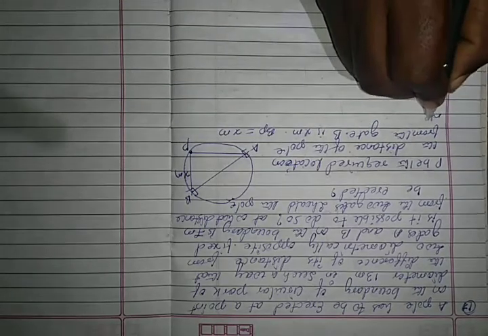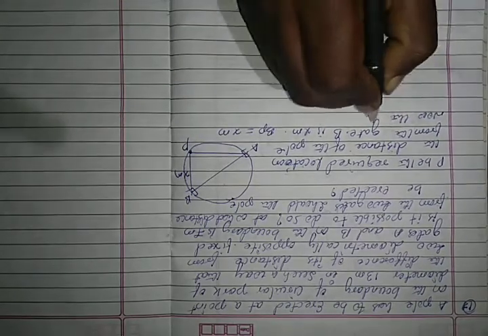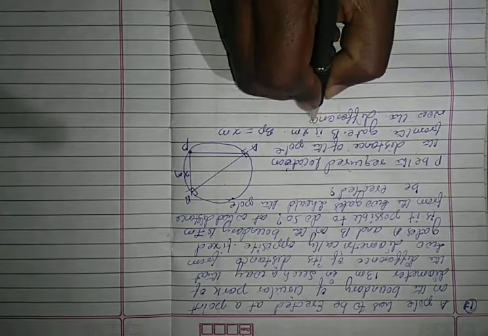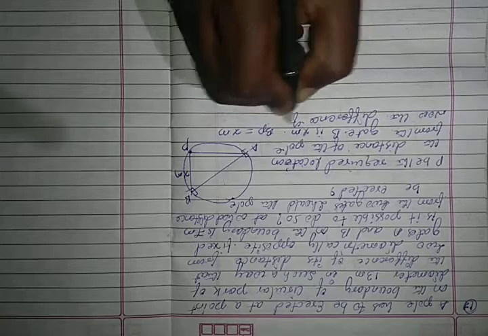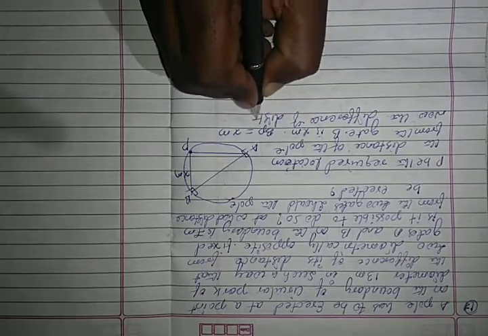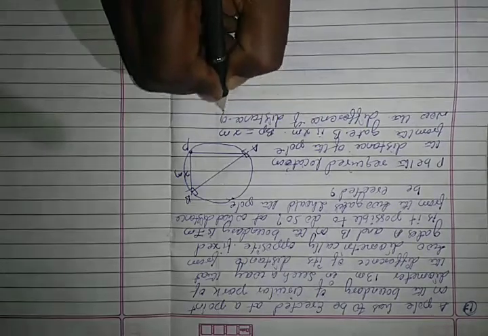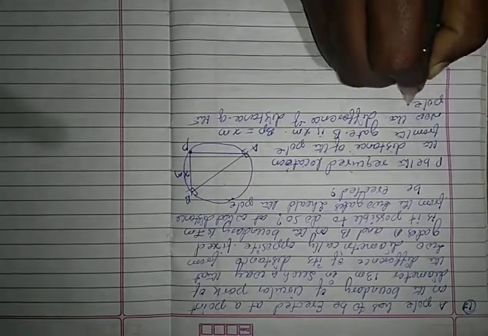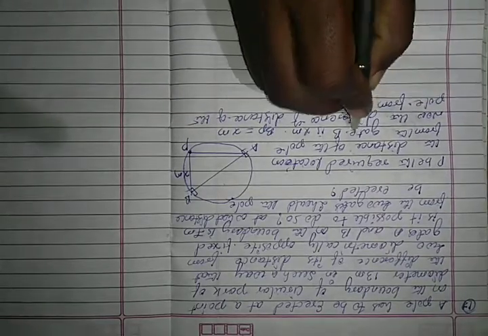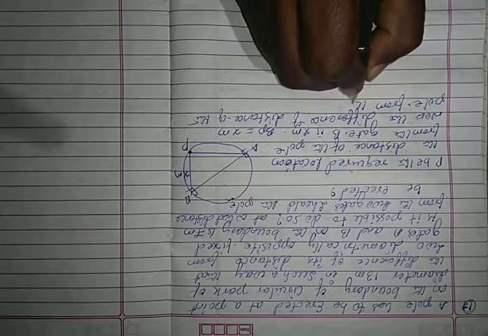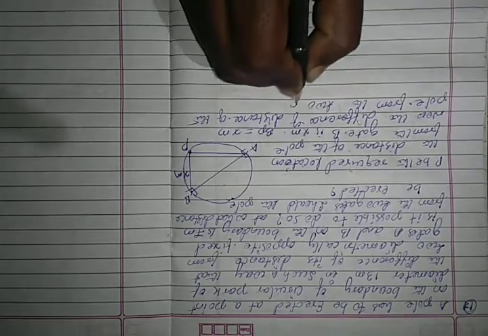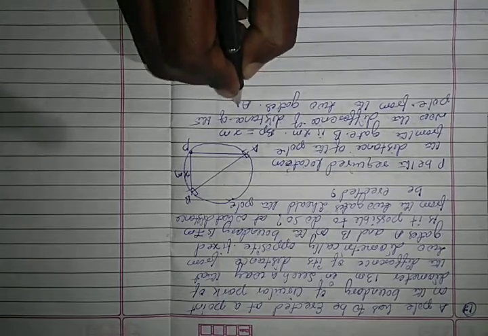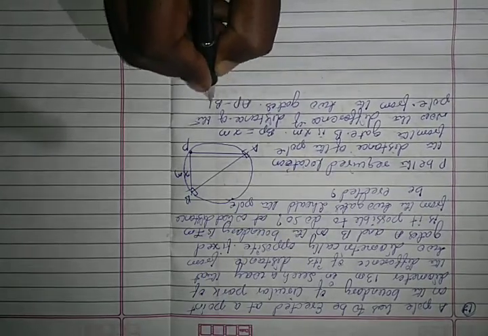Now the difference of the distance of the pole from the two gates, that is AP minus BP.